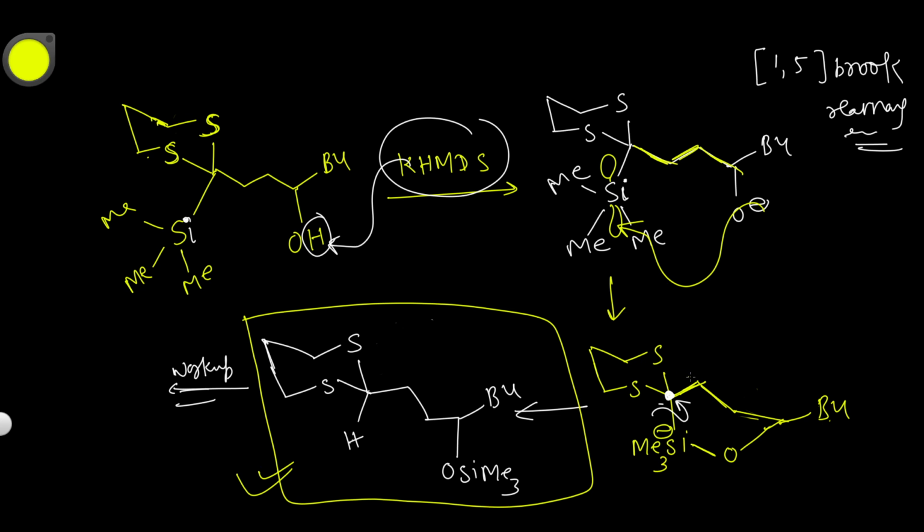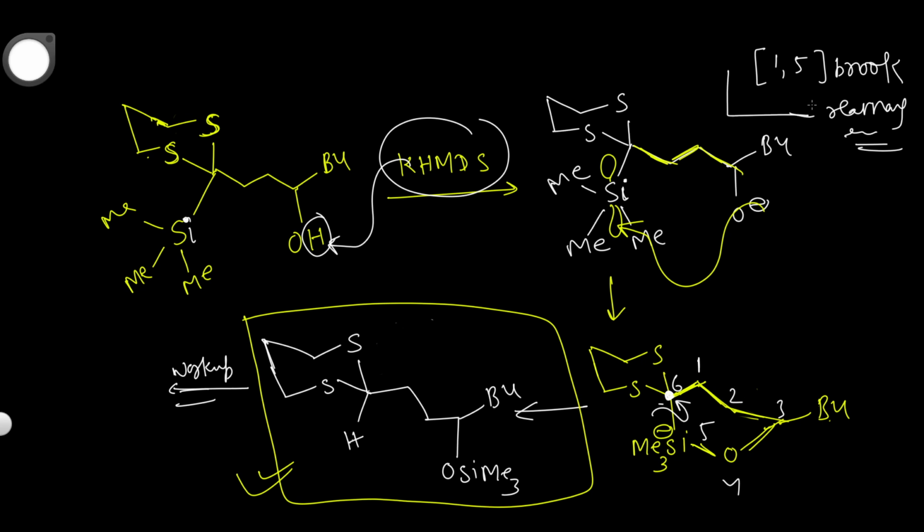Okay, fine. So basically 1, 2, 3, 4, 5, 6 bond formation here. Sorry, we have a 6 bond here. I am really sorry. Okay, we have a 6 bond here: 1, 2, 3, 4, 5, 6. Okay, we have a 6-member ring formed in the 1,5 Brook rearrangement.